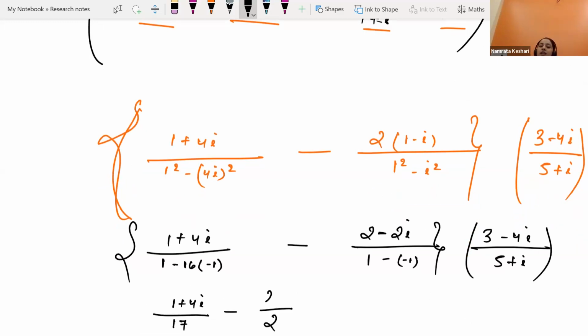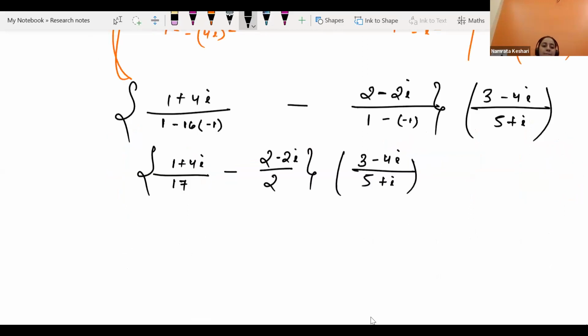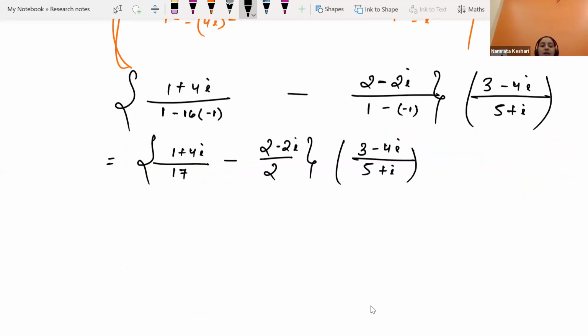Still I will be asking you what is the LCM. 17 and 2, what is the LCM? Earlier, Alina, what is the LCM? Curly bracket we need to simplify.